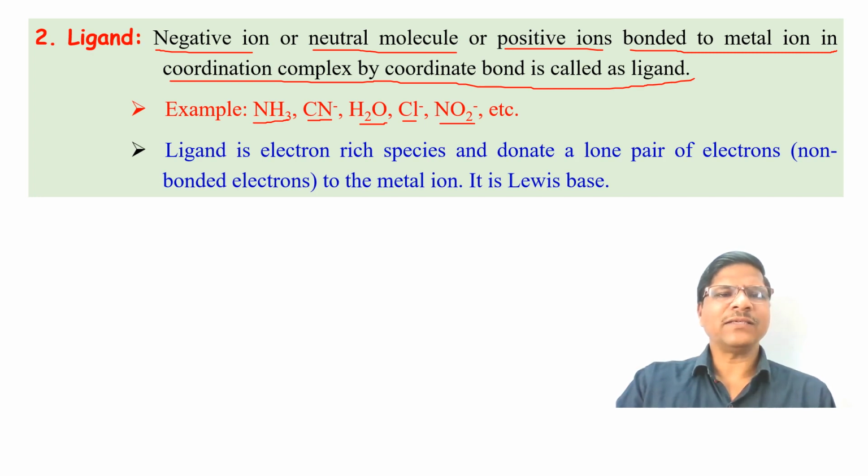So what are the characteristics of ligand? Ligand is an electron rich species. If you see ammonia, we have a lone pair of electrons. Cyanide, again a lone pair of electrons.